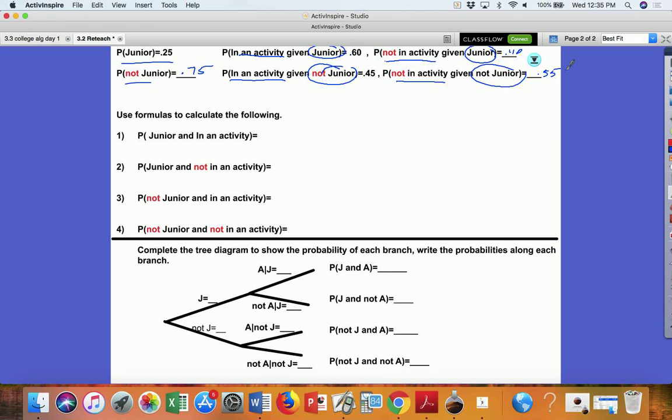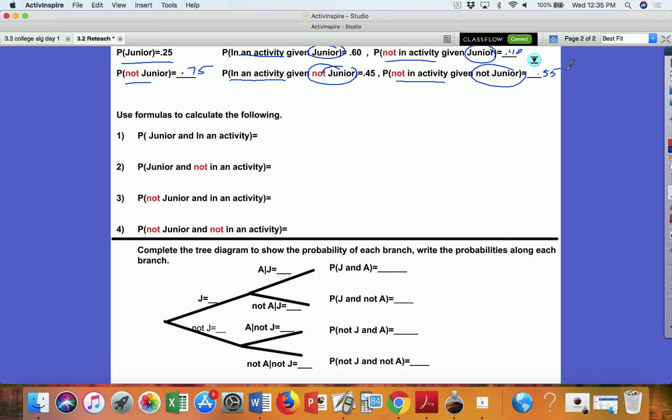So I want somebody to tell me the probability of A and B for dependent events. Given A, right? Okay. So again, when they're dependent, you have to have that given probability, that conditional probability in it.